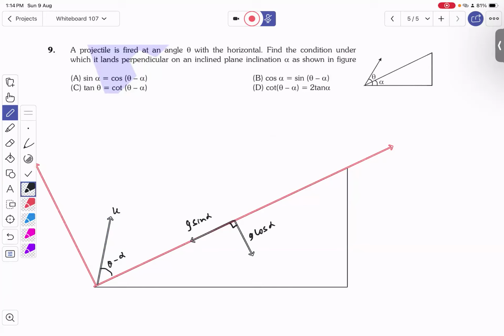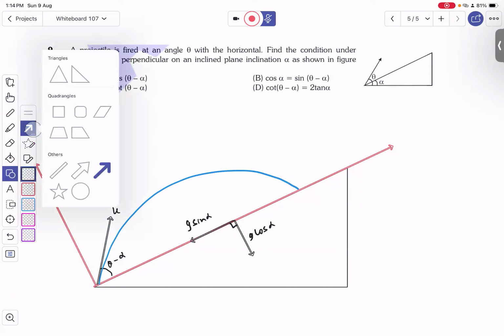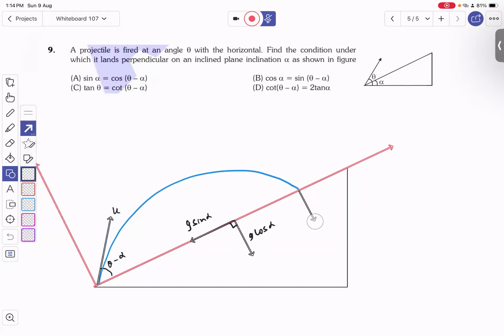So whenever it takes some path and hits the plane here, its entire velocity is in the direction perpendicular to the inclined plane. So what will be the velocity along x it will have? 0.